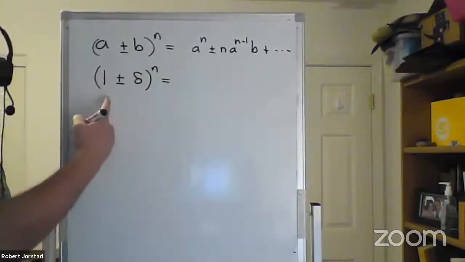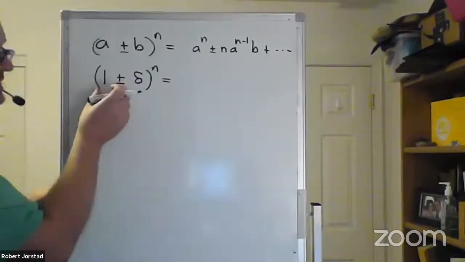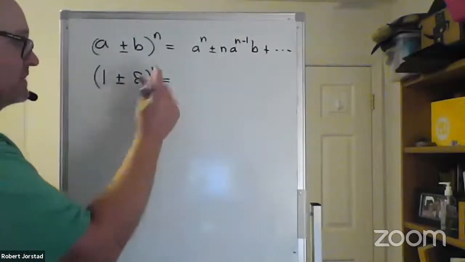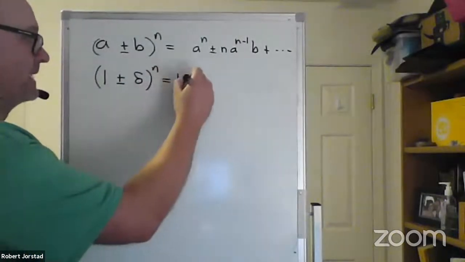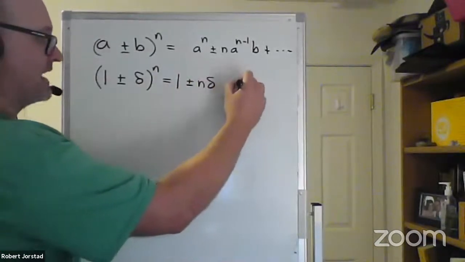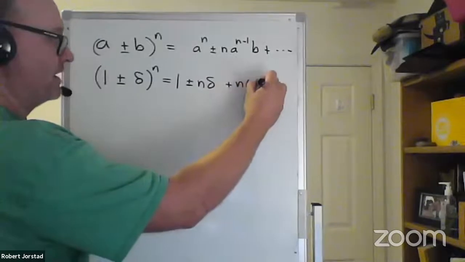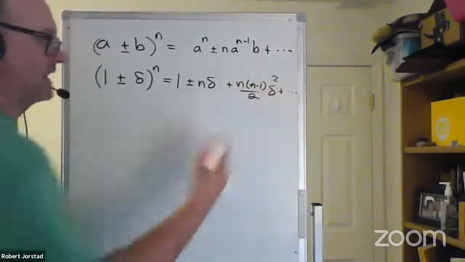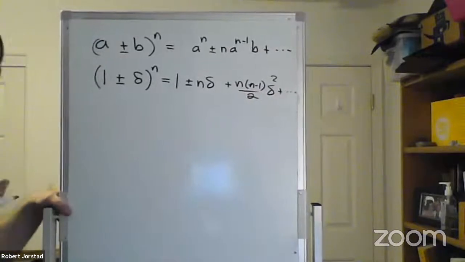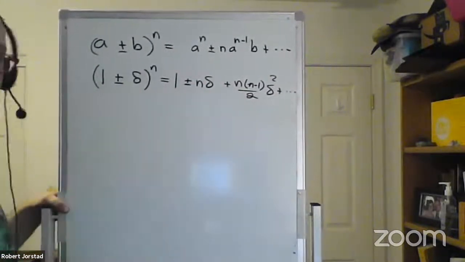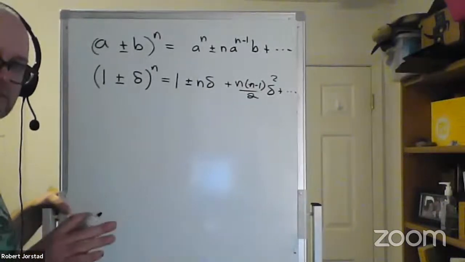Well, if we follow the same pattern and do the binomial expansion, this is equal to 1 plus or minus n times delta, and then plus n times n minus 1 all over 2 times delta squared plus... It's effectively the Taylor series, if you want to think of it that way. But this is called the binomial expansion.